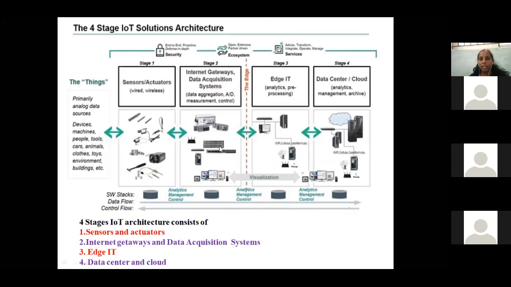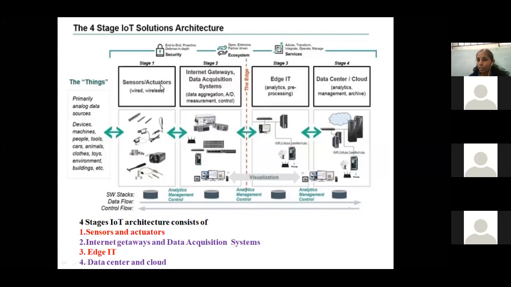The first one is the 4 stages of IoT architecture. Stage 1 is sensors and actuators. Stage 2 is internet gateways and data acquisition systems. Stage 3 is edge IT, and stage 4 is data center and cloud.